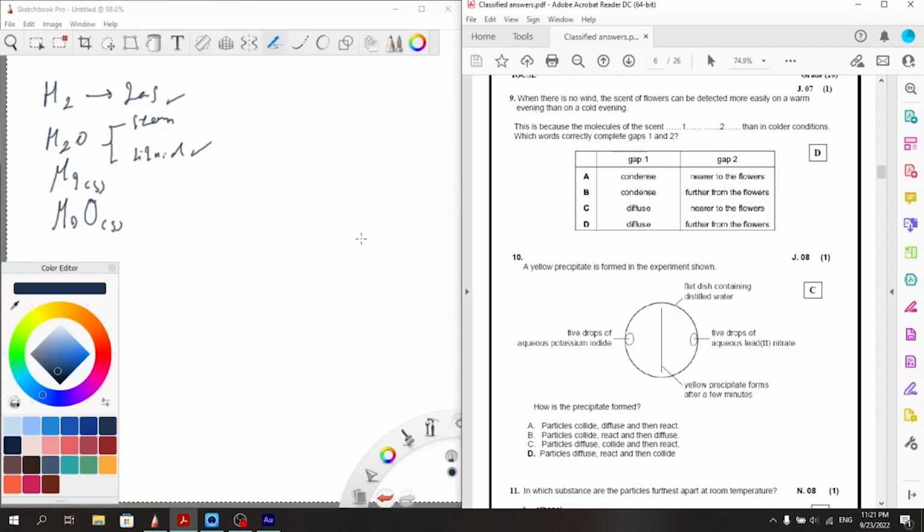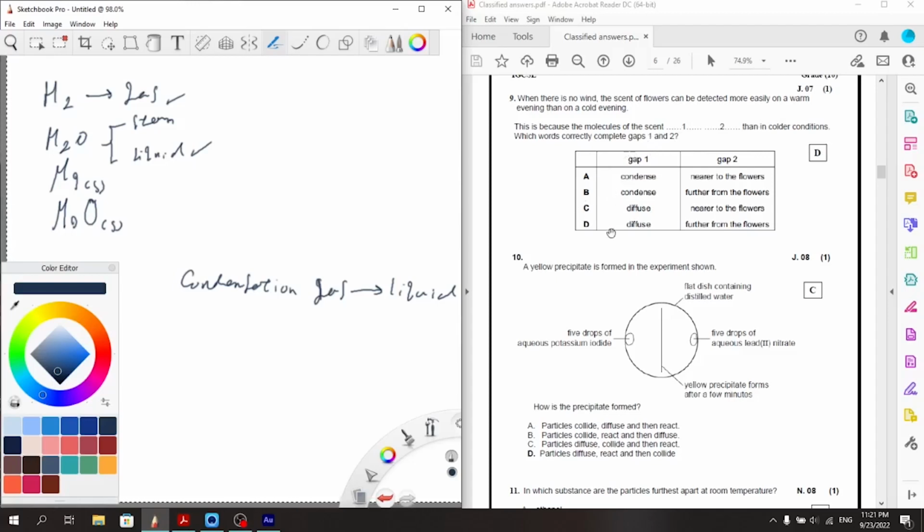We know condensation is when we turn gas into liquid. That is condensation. Is that what we're doing with the scent of flowers? No, that has nothing to do with the scent of flowers.